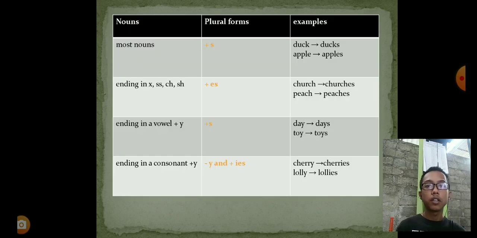Yeah, there are some formulas for countable nouns. So most nouns plus s, like duck becomes ducks, apple becomes apples.